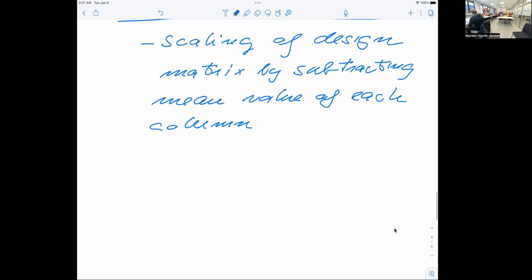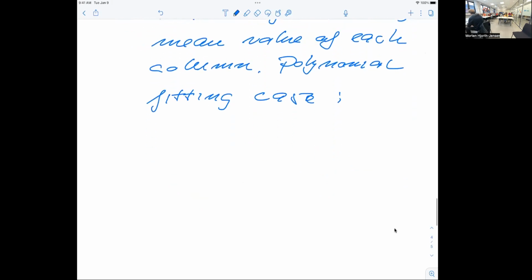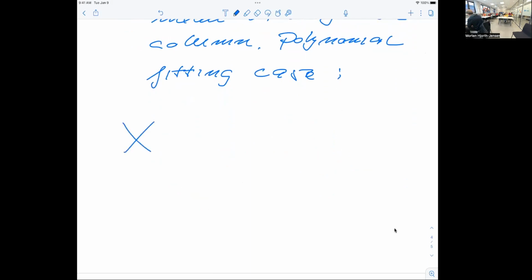So let's now look at the explicit case of the polynomial fit. In that case, what we have is a design matrix which looks like this.